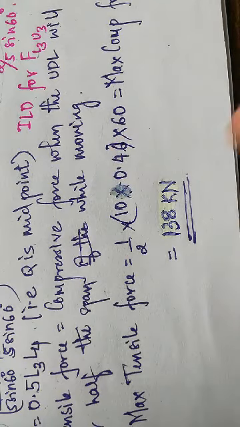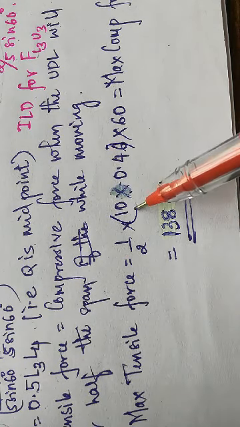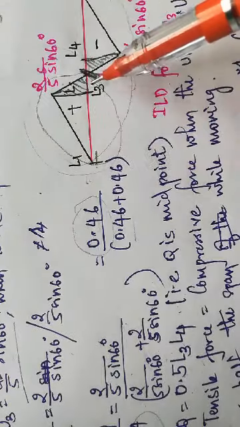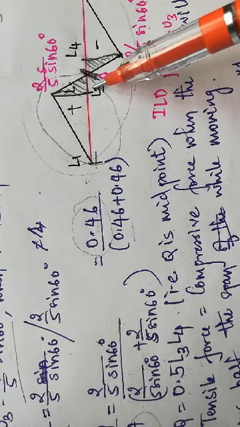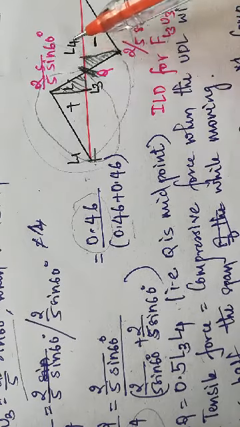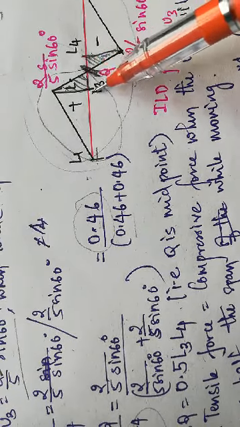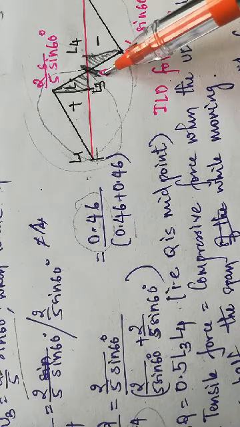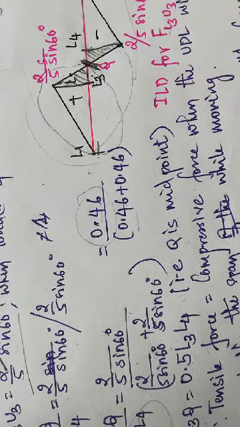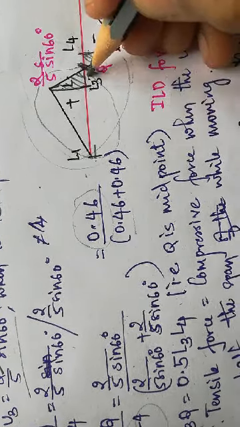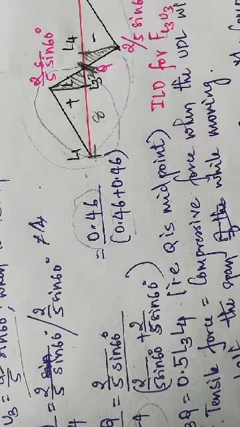Area is half base into height. Your base is 10 meters. From L1 till L3 you have 8 meters, and L3 to L4 is 4 meters, and since Q is the midpoint, it is 2 meters, and this is 8 meters.